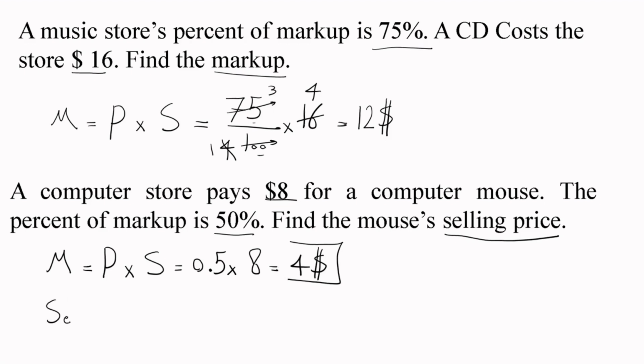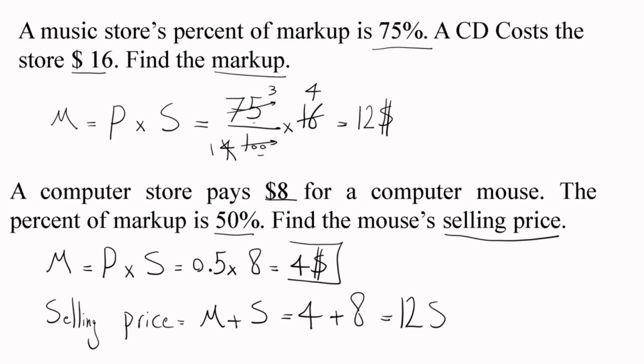So selling price is equal to markup plus store's cost. I calculated the markup, which is $4, and the question gave me the store's cost, which is $8. I'm going to write it. So selling price will be $12.